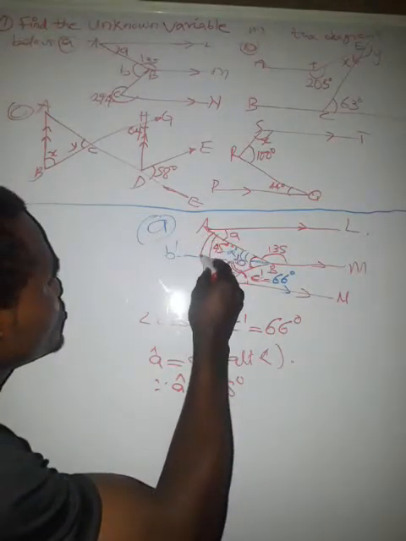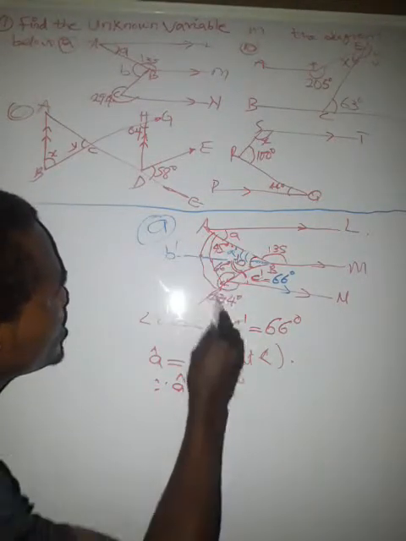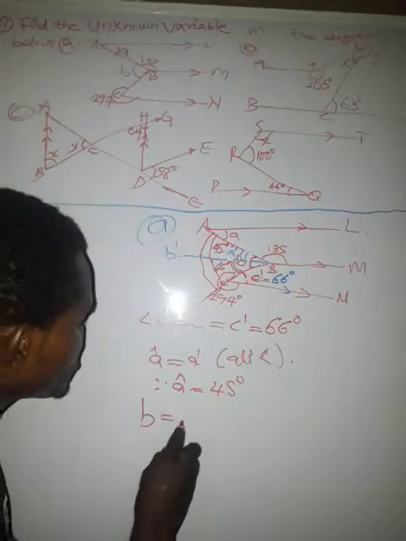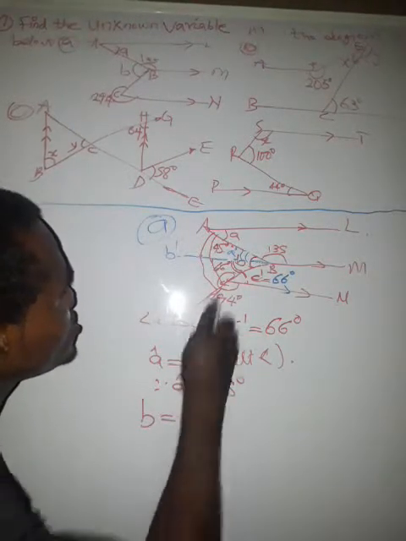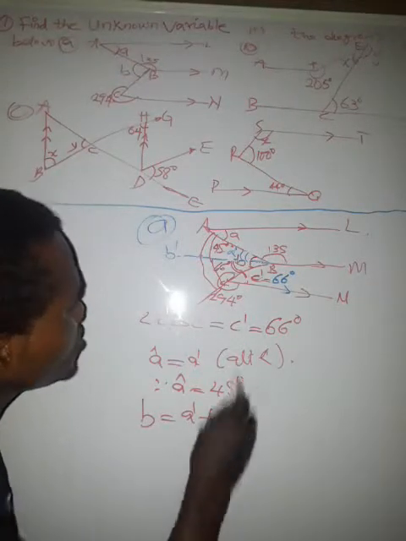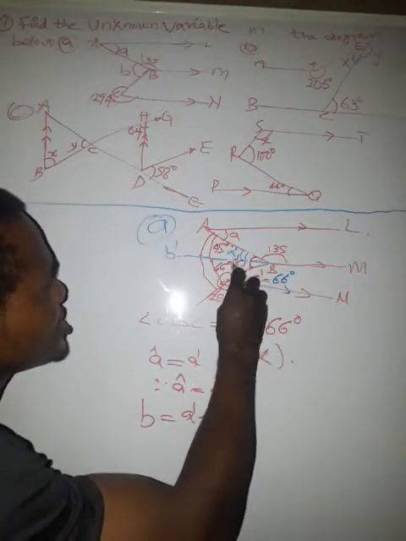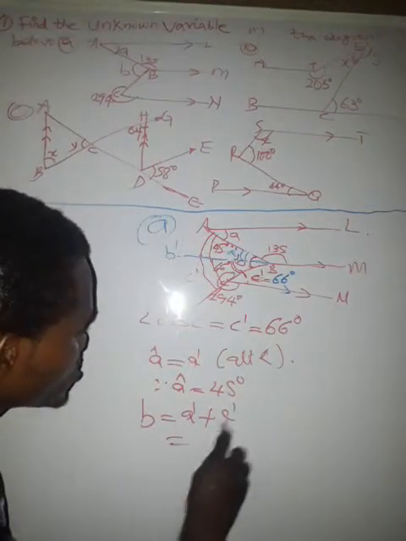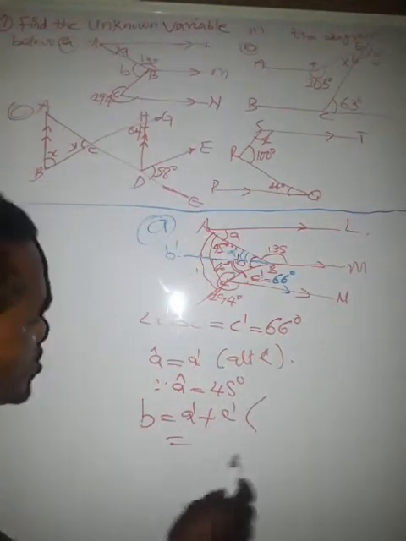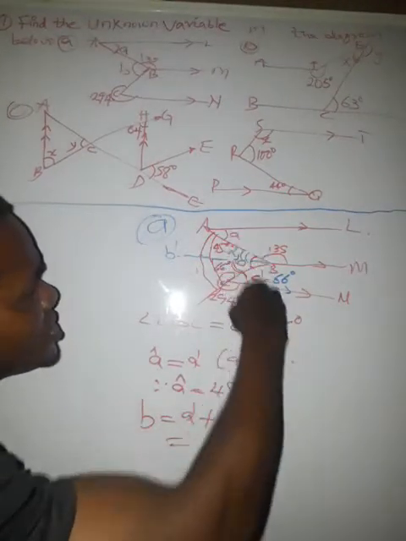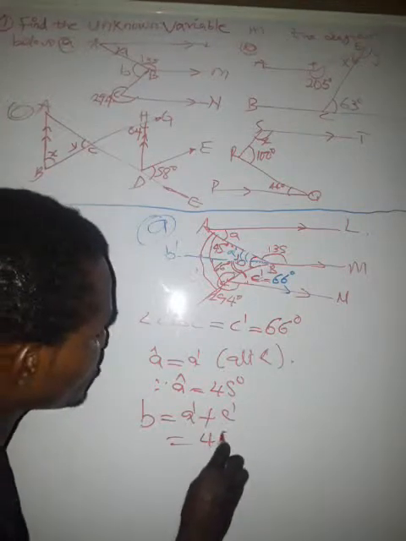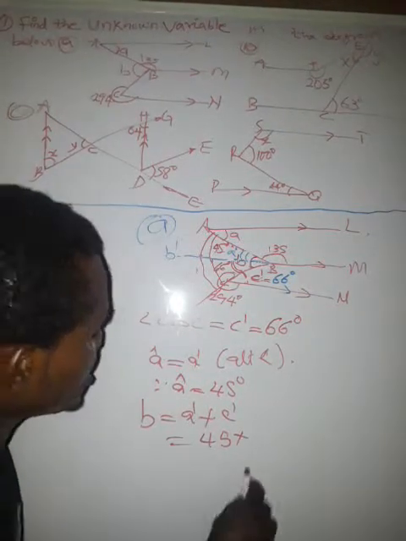So since I already know the angle from here down to this point, that will give me B. So B equals the summation of A prime plus C prime. Here is C prime, and C prime is also alternate to this place. So the reason is what? Okay, there's no reason here. I'm just summing up the total angle. So it becomes 45 plus 66.